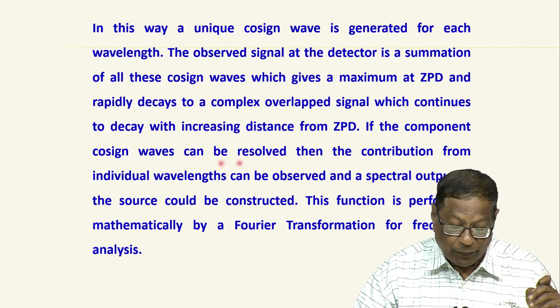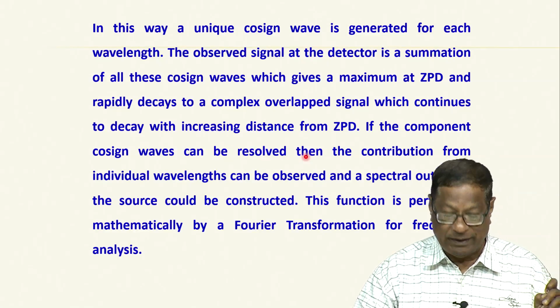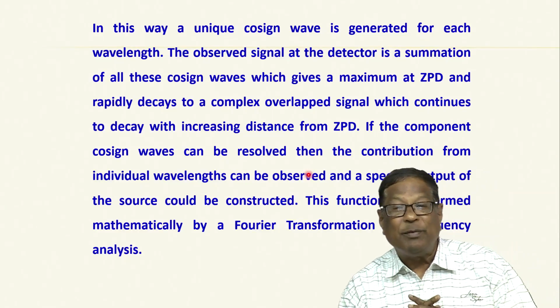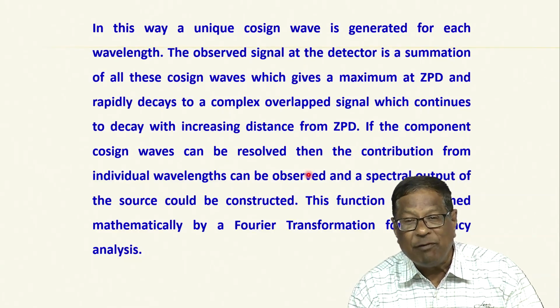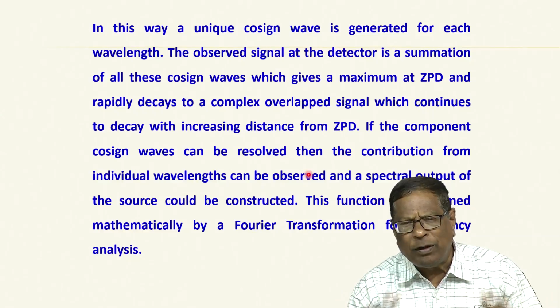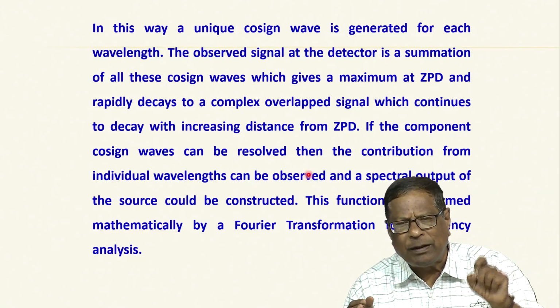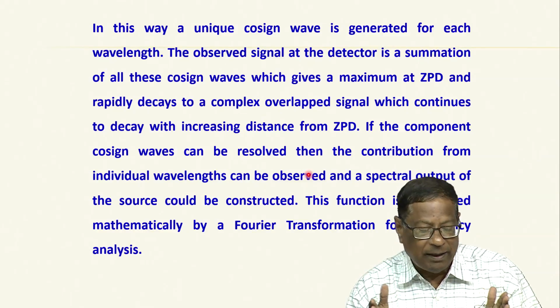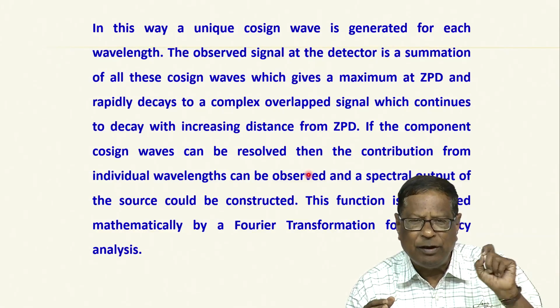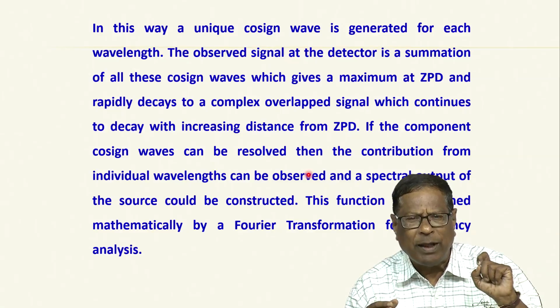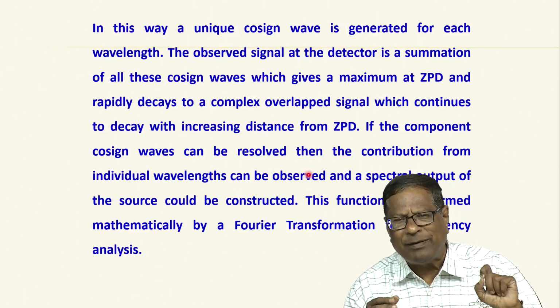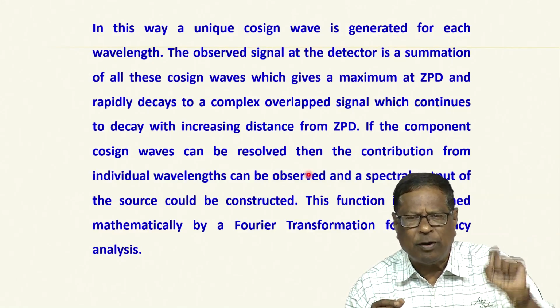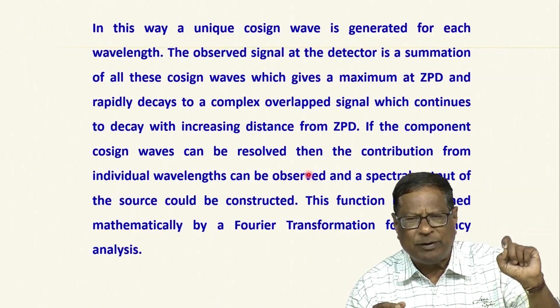When the cosine waves can be resolved, then the contribution from individual wavelength, if I resolve all the 4000 into individual components, I will get to know what happens at each individual wavelength, whether it is absorbed or not, how much is absorbed, how much is not absorbed.